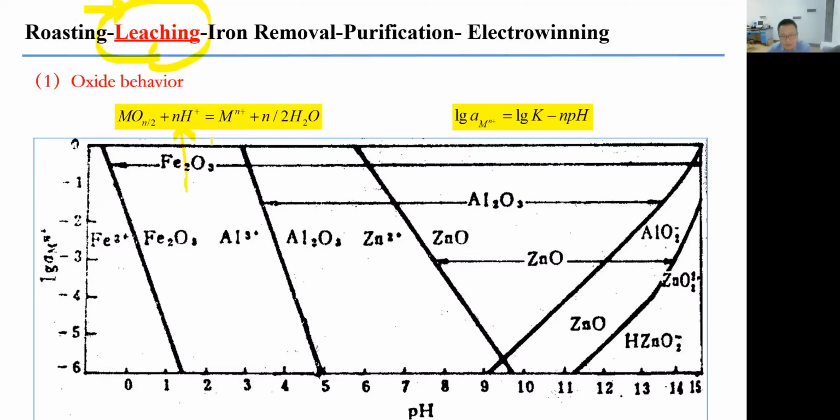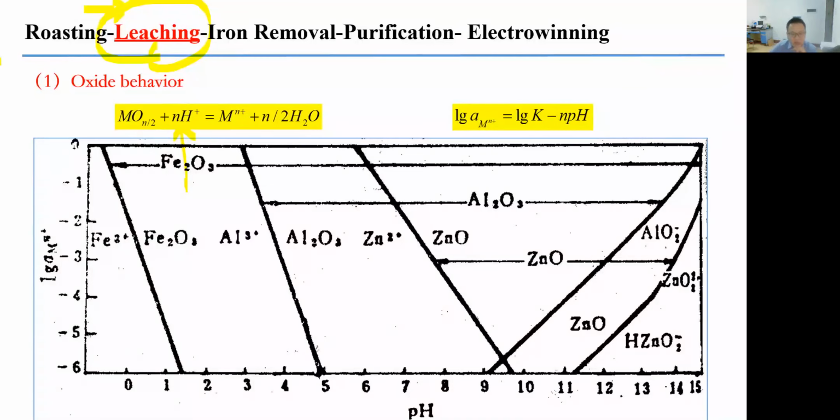Some gangue components, or some cations which form insoluble compounds, like lead, will form lead sulfate. Calcium will form gypsum, or calcium sulfate. They will report to the slurry or the leaching residue.